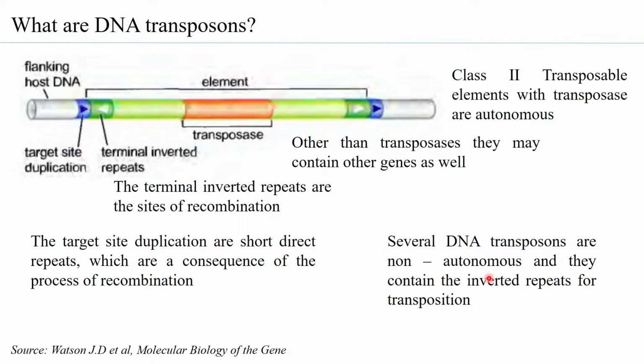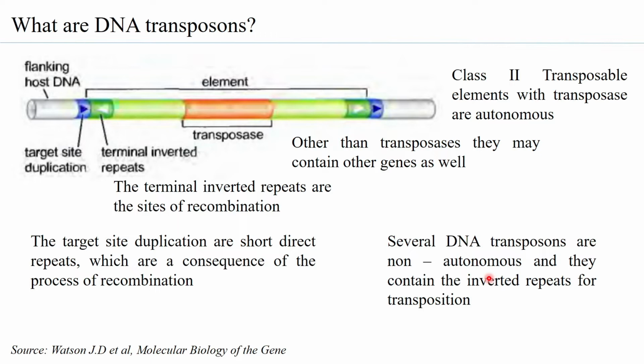They cannot do it on their own, but will have to be dependent on another autonomous class 2 type of transposable element. So they would have to use the transposase of the autonomous transposable element to carry out their excision and integration into a target site.